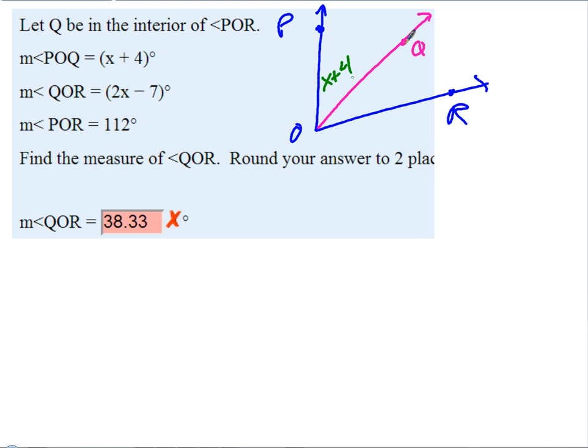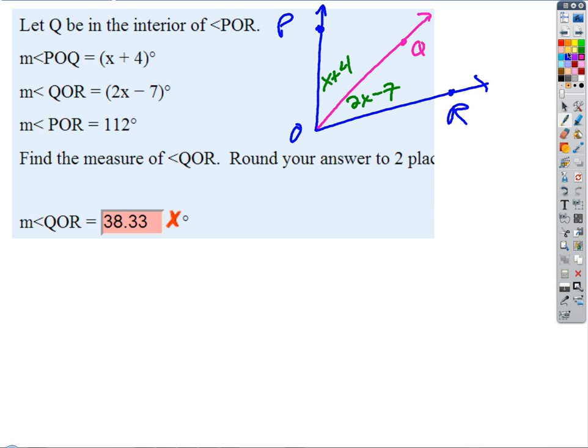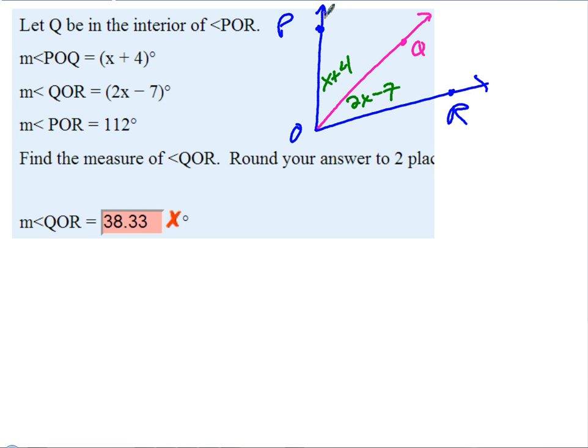We know that the measure of angle QOR is 2x minus 7. And we even know that this whole angle is 112 degrees. So what's the equation I come up with?